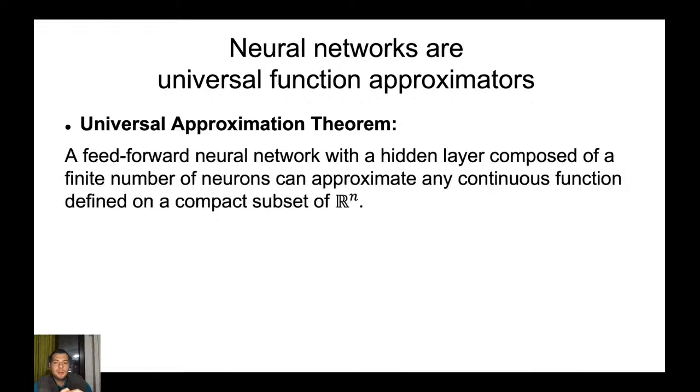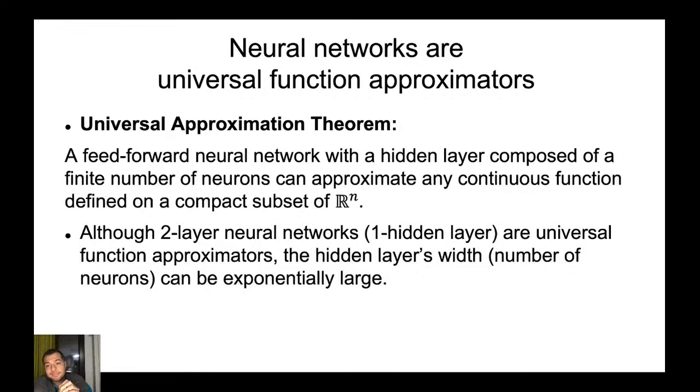Then any decision boundary that goes through this compact subset can be approximated with a neural network with only two layers, so it is sufficient. This theorem is very powerful because it tells us that we can use neural networks to learn basically any decision boundary.